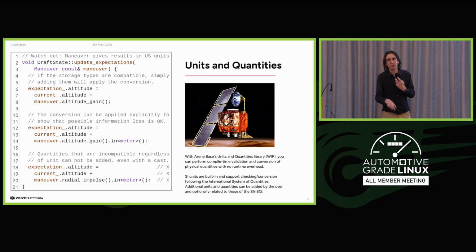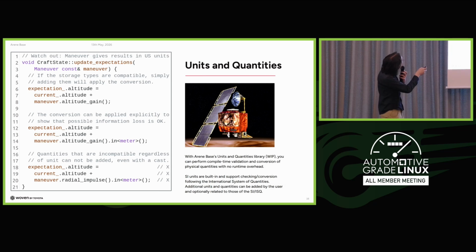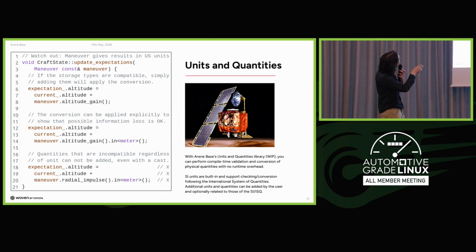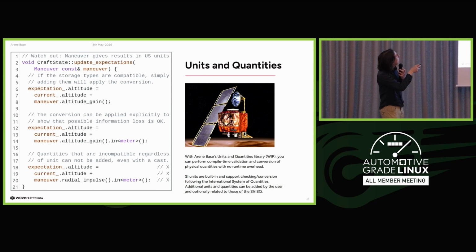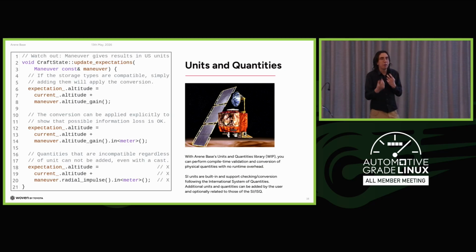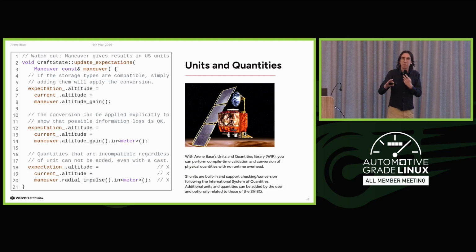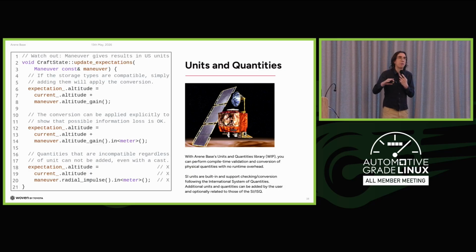So it's giving feet instead of meters, basically. And in this first example, we are adding the current altitude, which is in meters, to the altitude gain from the maneuver, which is in feet. And our library is able to tell that those two are compatible but don't match, and apply the conversion automatically.